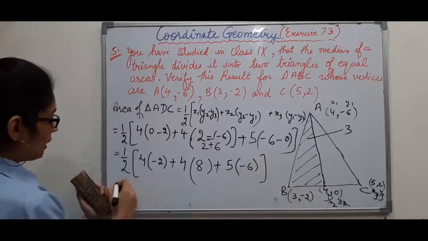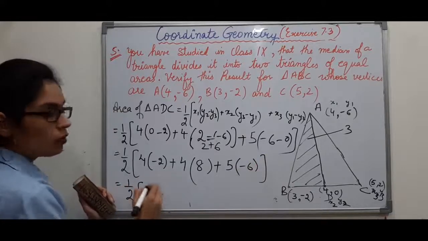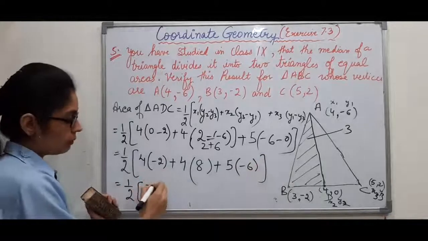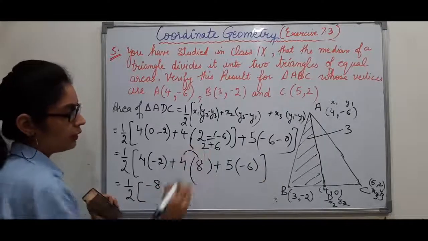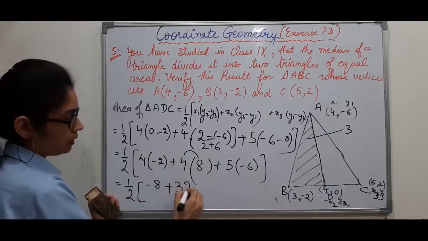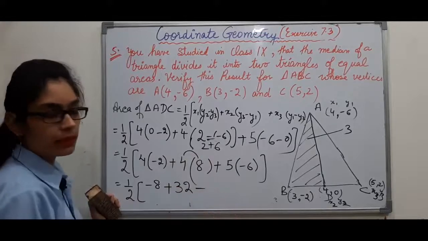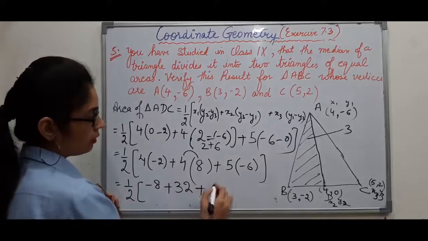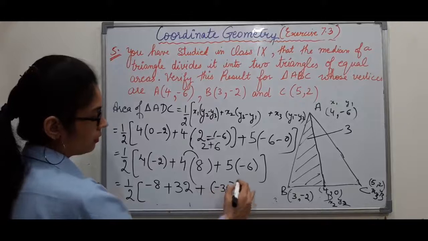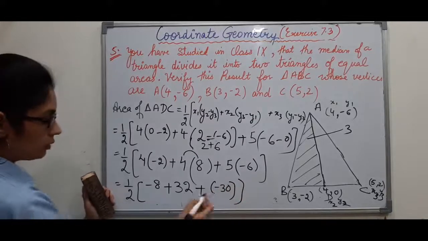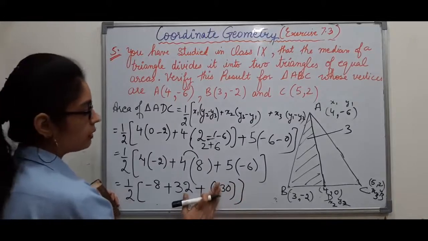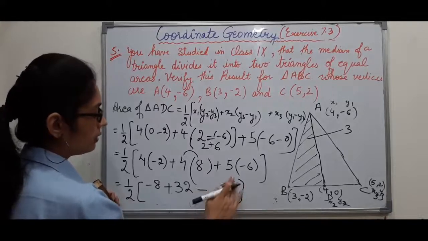So let's multiply now. 1 by 2 into 4 into minus 2 it will be minus 8, plus 4 into 8 it will be 32, 5 into 6 it will be minus 30. So we can solve it. These two signs together, minus plus it will be minus, so I will write minus sign.